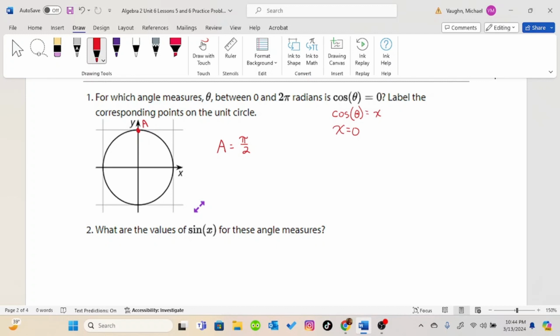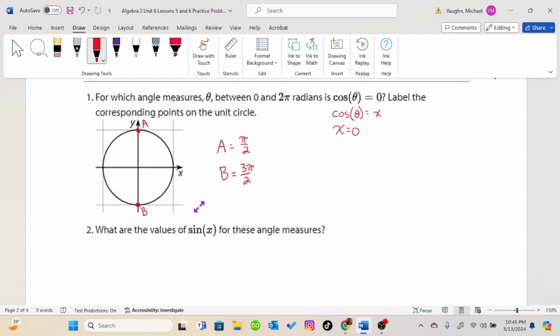Then we're also on the y-axis down here at the bottom, and we'll call this B. And here we would call the angle for point B 3/2 pi, because we have a full pi, which is 2/2, and then we have another half of pi.